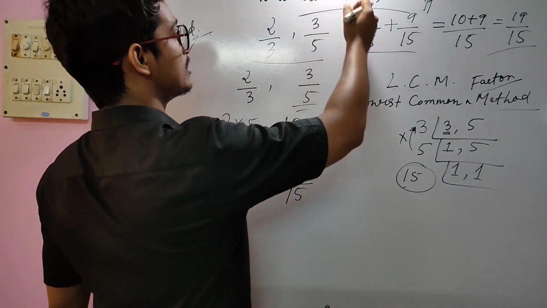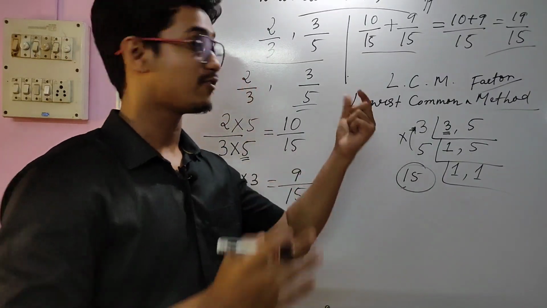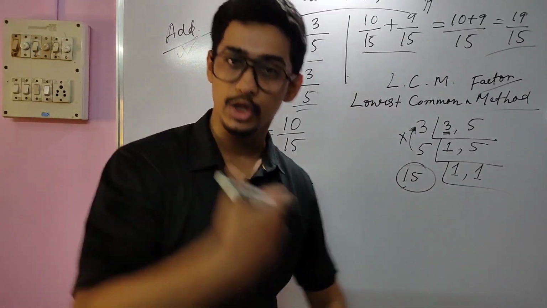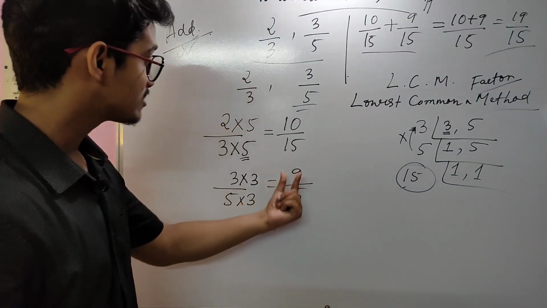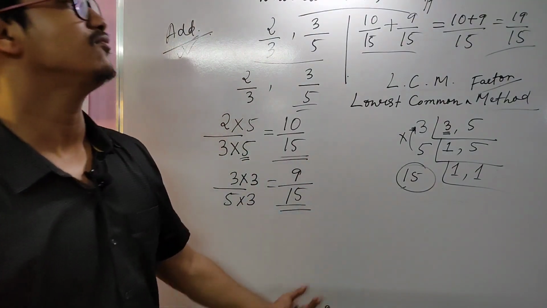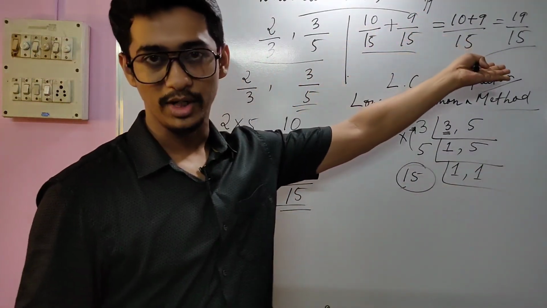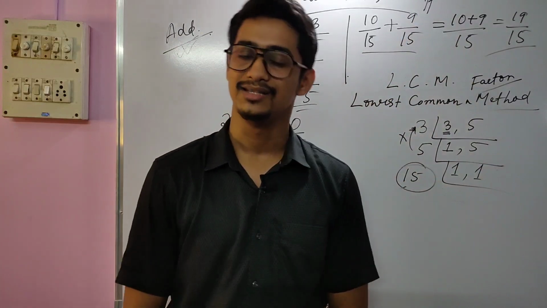And when the denominators are different, we first convert the fractions into their equivalent fractions so that the denominators are the same. Here the denominators are 15, so 15 is common over here, and we simply add the two numbers.